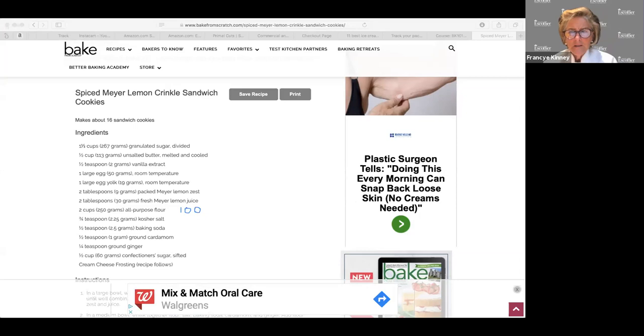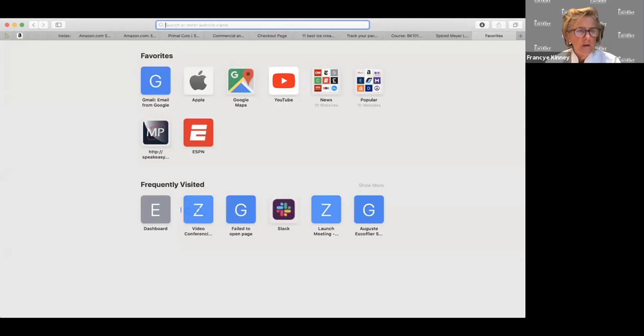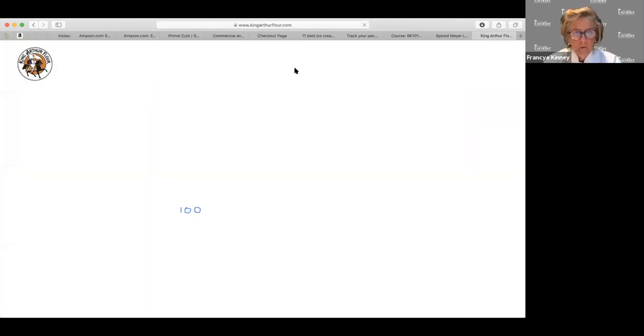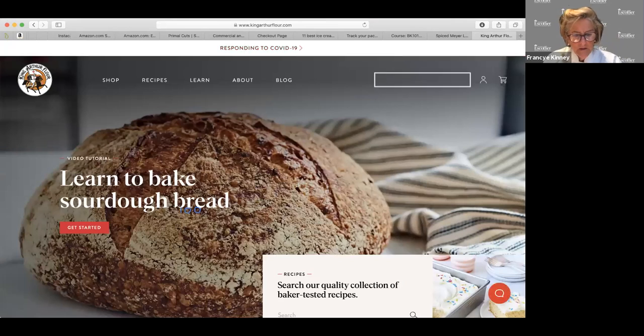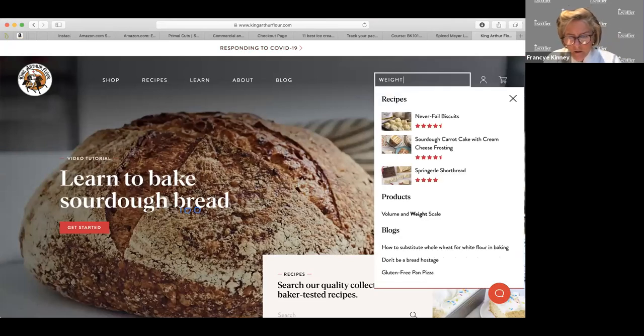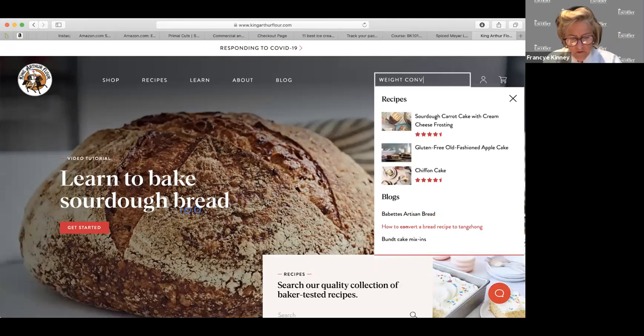Maybe before we get started, let's see if we can come up with the weight for ginger. Let's check the King Arthur website and see if we can find it. I think it's under weight conversions, maybe.